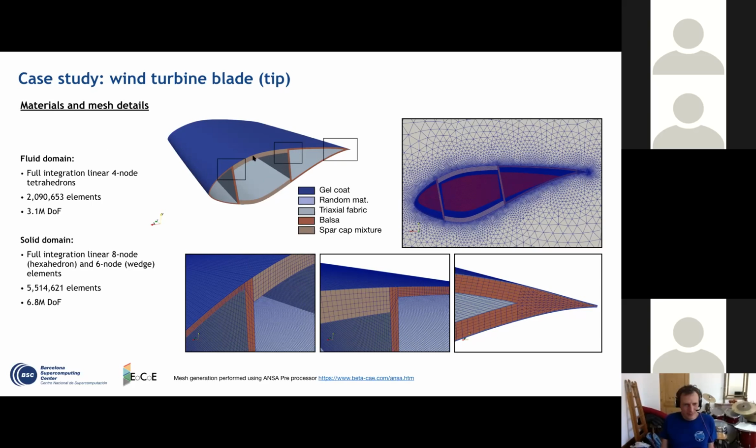We meshed this geometry with hexahedrons and prisms for the solid domains. This was quite challenging, because this structure, as we have seen, is quite complex. And for the fluid domain, we did the mesh using linear tetrahedrons.